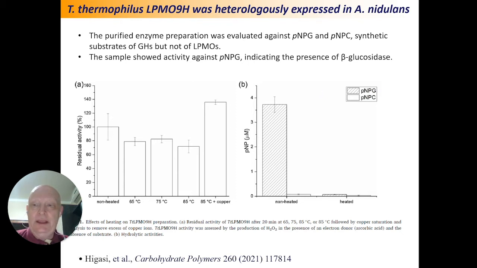Well, we had to do something about it, and what we did, we decided to heat up and cool down the LPMO, basically hoping that the contaminating enzyme will denature after thermal treatment, and that is exactly what happened.